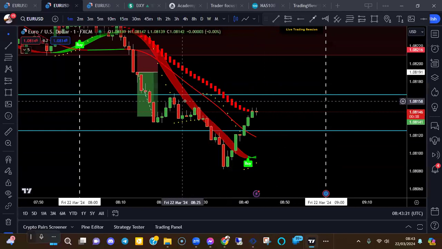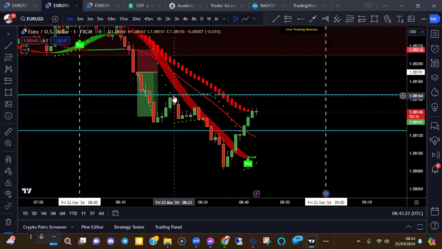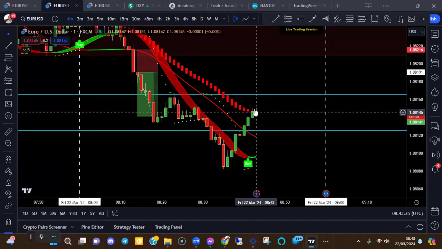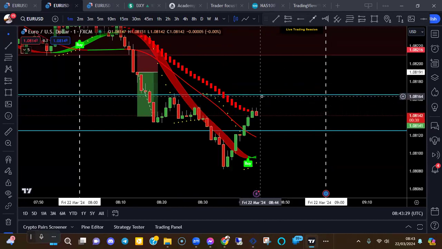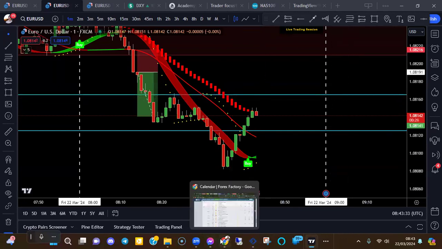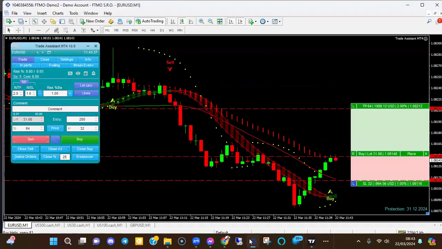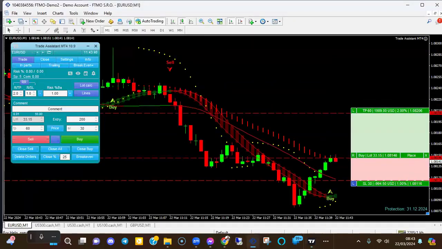And like I say, it acted as resistance there, so it may act as resistance again. But we've got a long way to go yet anyway. Well, I say long way, it's not a long way, but we'll just keep on MT4 and see what happens.